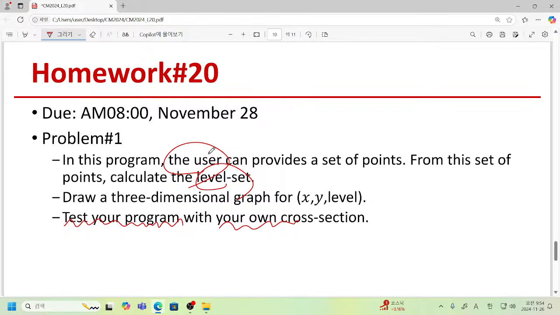So instead of explicitly changing the mesh, we will change the level set function a little bit. That implicitly means that the boundary has been changed. We will do that job in the next lecture, the 21st.